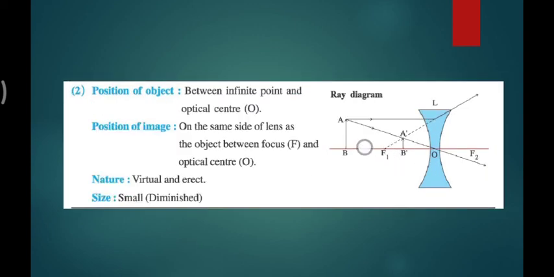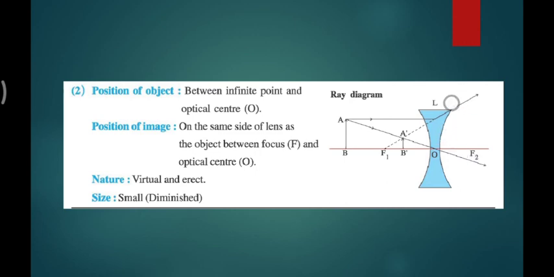And if it is at a finite distance, suppose at this height, then the first ray is parallel, it will be diverged in such a way that it passes through f. Okay, and then you can use the optical center rules, and pass through this optical center. They are meeting there, because the actual rays are this and this, they never meet in these directions. So you have to extend one of them, this you can also extend, this is also extension.